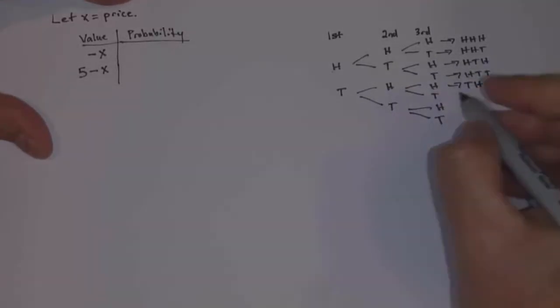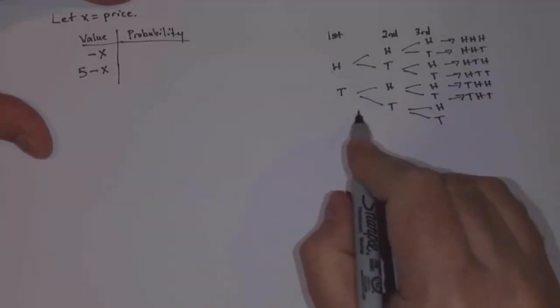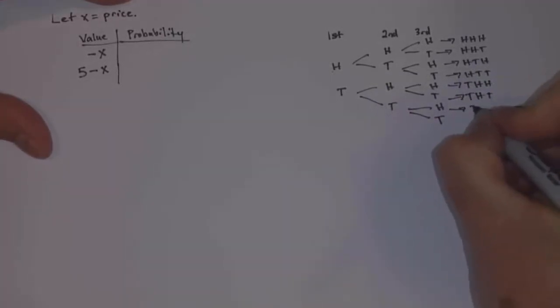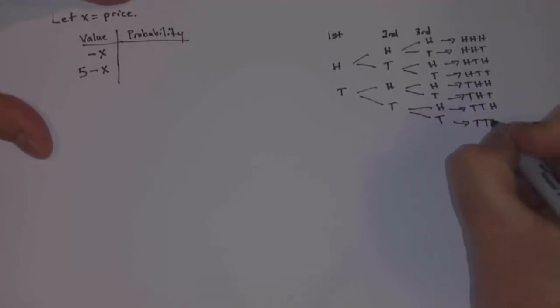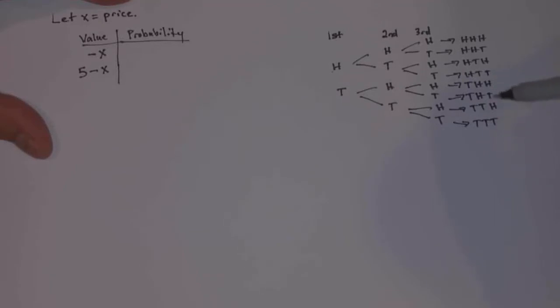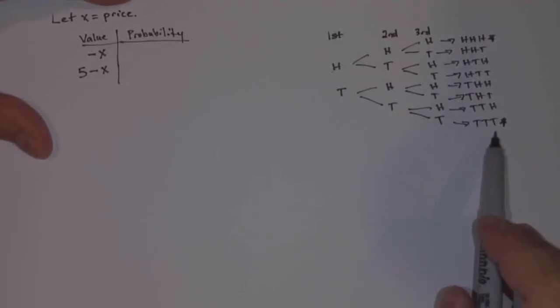We could get tails, heads, tails. We could get tails, tails, heads. Or we could get tails, tails, tails. So my point is that there are 8 outcomes that are possible. Of those 8 outcomes, there are 2 where all are the same. So all heads or all tails.